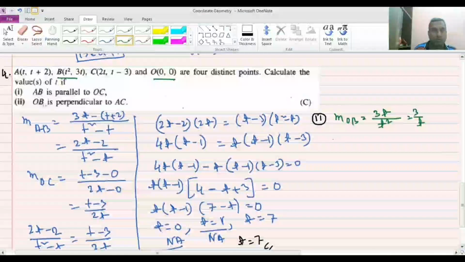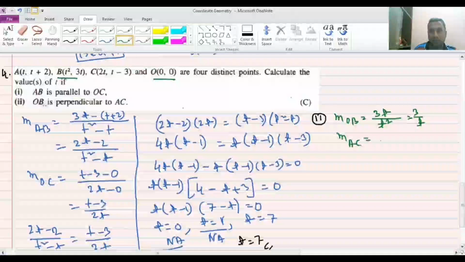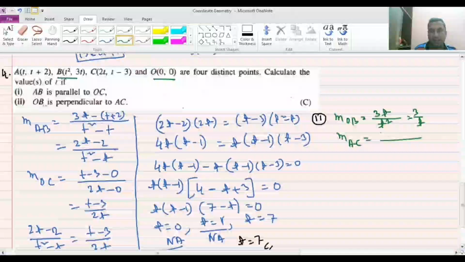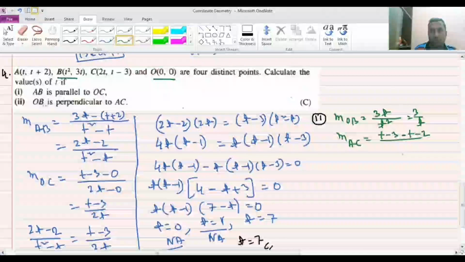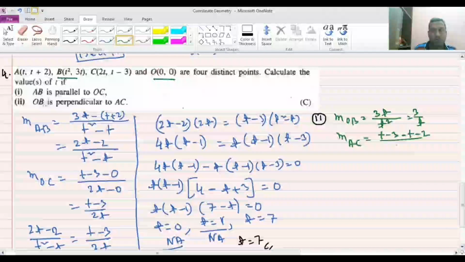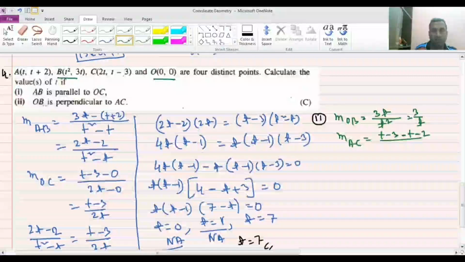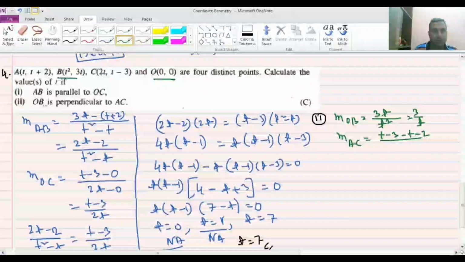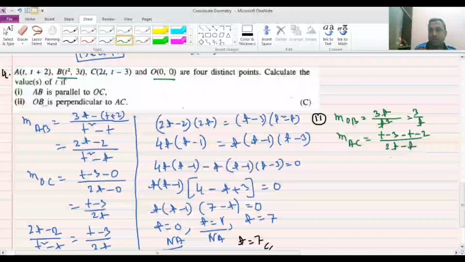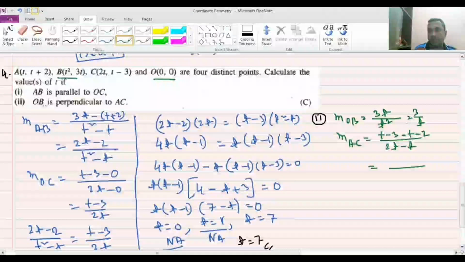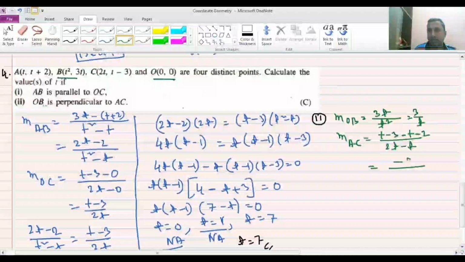Now let us find out the gradient of AC. AC is (t − 3 − (t − 2))... simplifying, 2t − t, the t terms cancel, and it becomes −5/t.